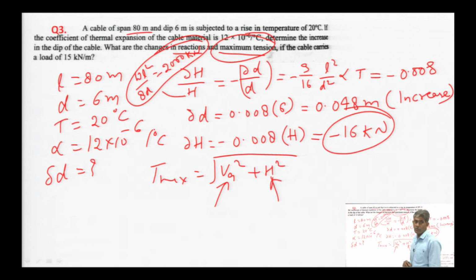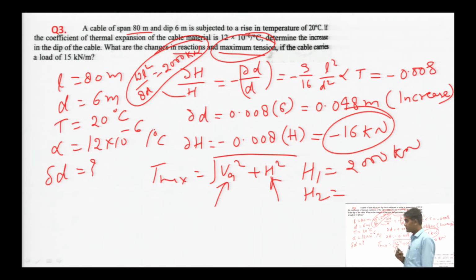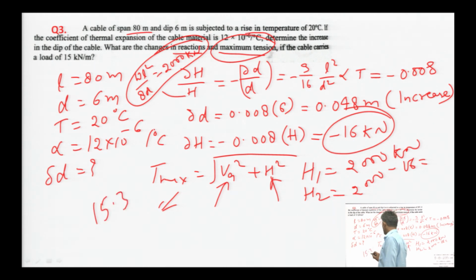So we need to find the value of T max prior to the change, with H1 equal to 2000 kilonewton, and again find T max using H2 equal to 2000 minus 16. Find the change in the tension, and if you do this, the change in tension will be 15.31 kilonewton.